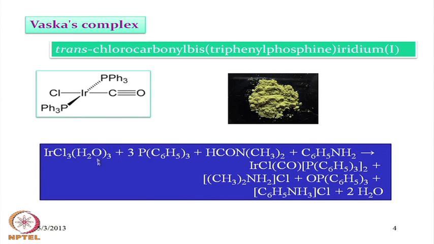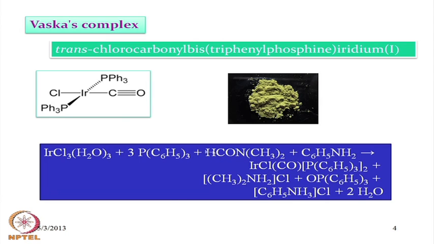And this particular species, like that of the previous compound where we have been preparing the corresponding Wilkinson catalyst from the rhodium chloride, similarly we can now take iridium chloride, but now instead of taking any aldehyde to the system, now we directly react this particular thing with triphenyl phosphine and dimethyl formamide, which is a very useful organic, non-aqueous solvent well known to us, the dimethyl amide of formic acid.